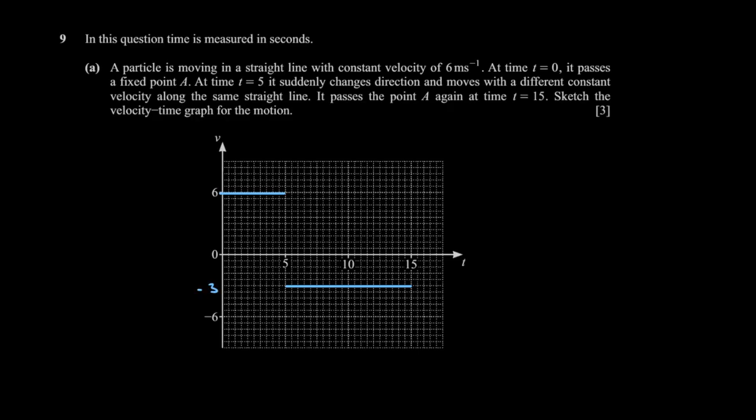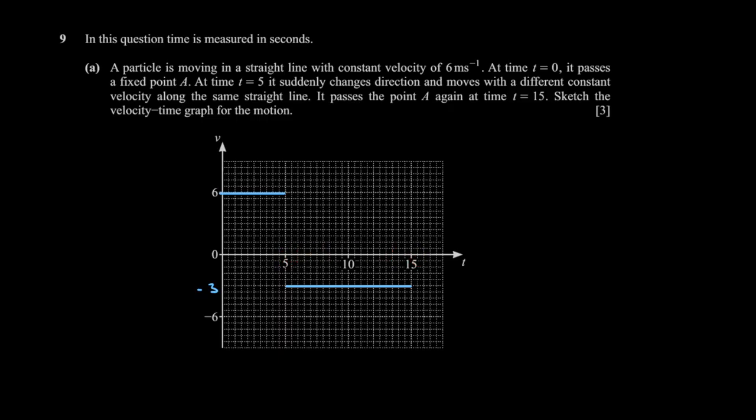So let me just try to explain that one more time. Essentially, we know that because the particle passes the point A again at time t is equal to 15, it means that we're back to the same point, which means in the end, the displacement is going to be 0. So whatever displacement we have in the first 5 seconds has got to be undone by the displacement in the subsequent 10 seconds.